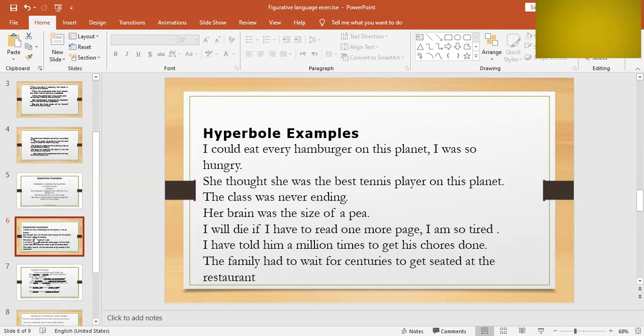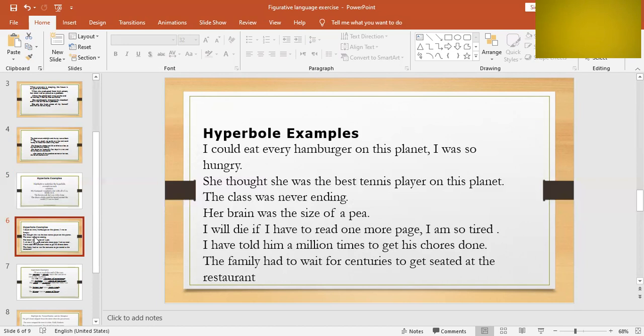I am so tired. Nobody dies of reading a page, but here it's a matter of exaggeration. You can imagine how tired the speaker is. Very tired. Sometimes you say, I want to die, doing so many things. Okay, means I'm very tired.